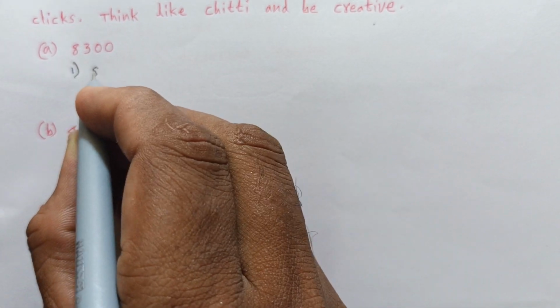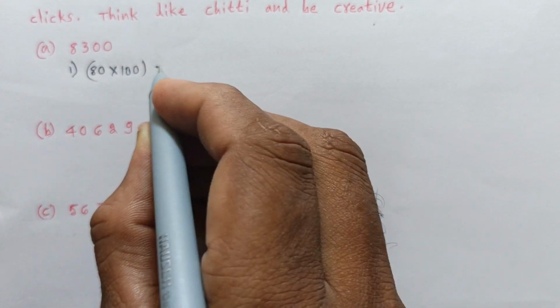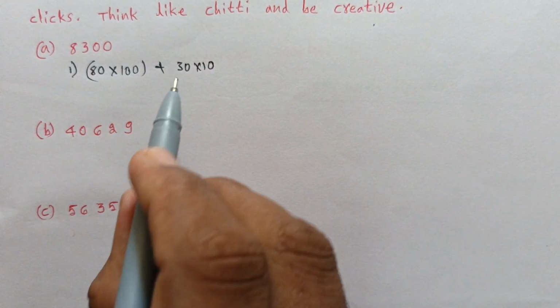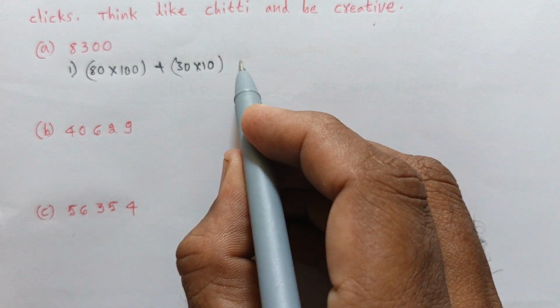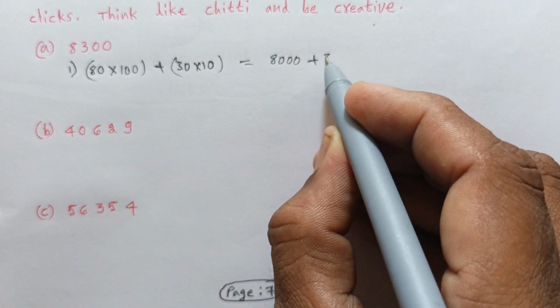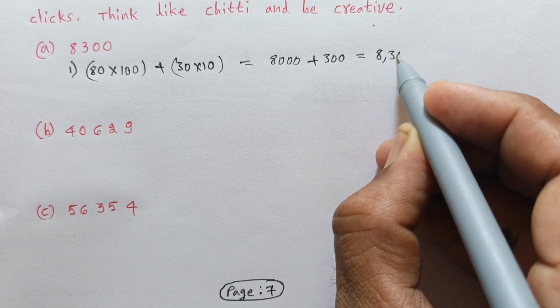the first way I am taking is 80 into 100 plus 30 into 10, which gives 8000 plus 300. So that is 8300.